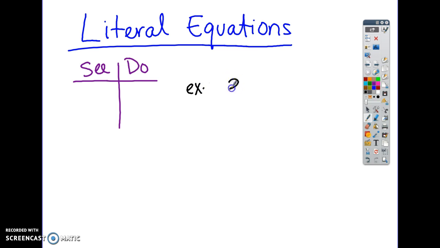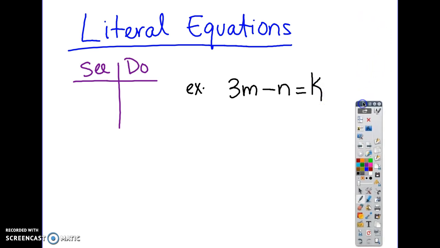First example is 3m minus n equals k, and I want to solve for m. So we're going to draw our line, and before we solve for m, we need to start asking ourselves, what is happening to the m right there?